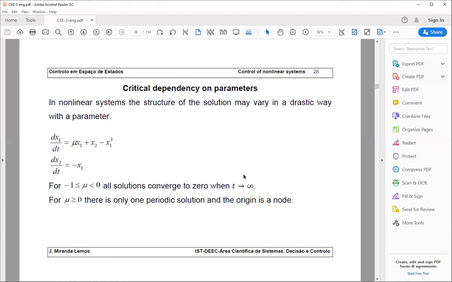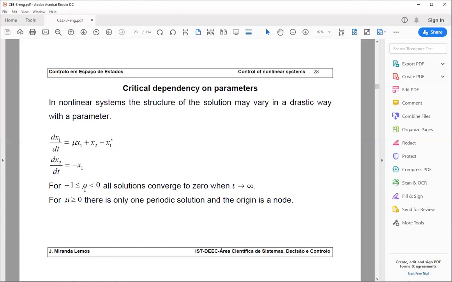Now, one thing that attracts a lot of curiosity is critical dependency on parameters. Consider this example in which you have two state variables, x1 and x2, and mu is a parameter.